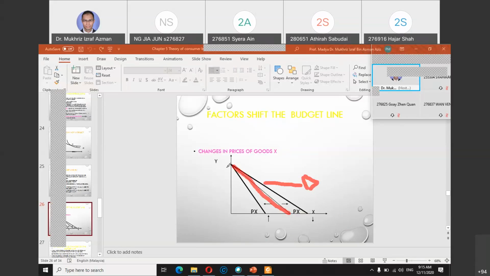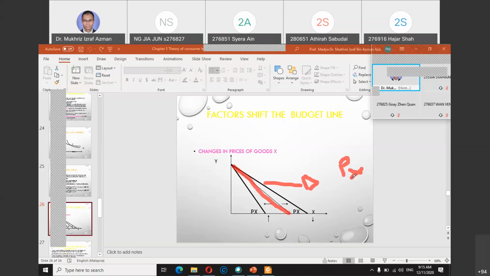The y-axis does not change at all; it remains at the original point. So the Y point does not change, only the x-axis changes. If this is the case, it is due to the price of X changing.